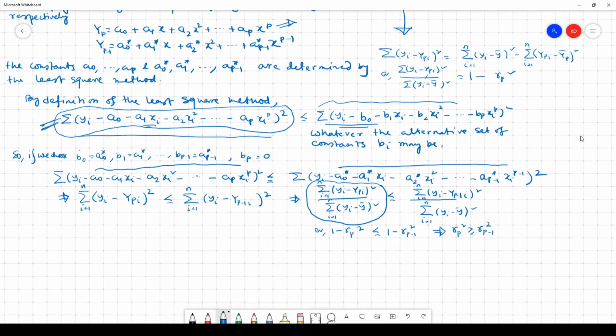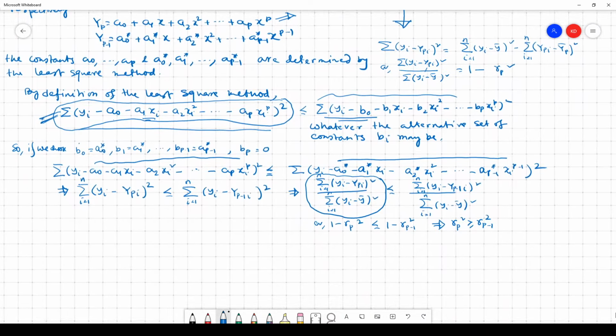Okay, so taking p equal to 2, 3, up to n minus 1 successively, we thus have r square, meaning r1 square.